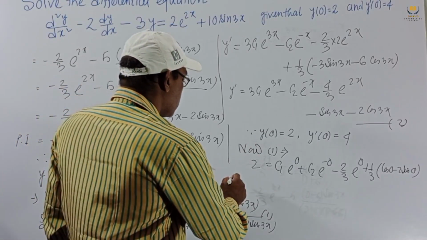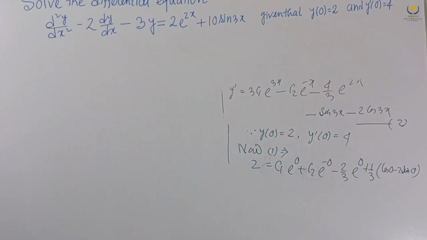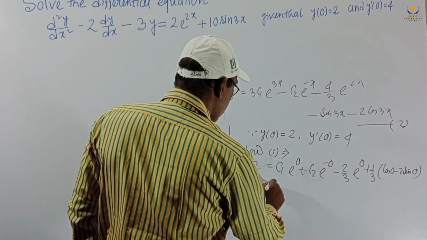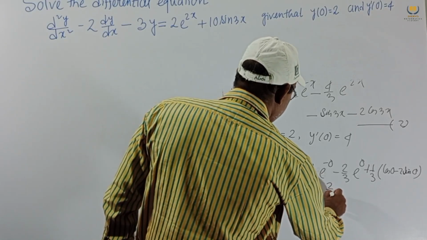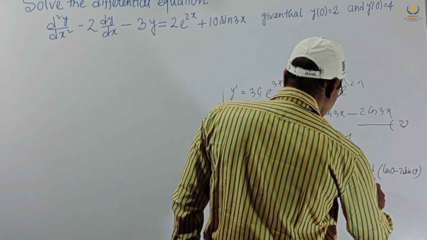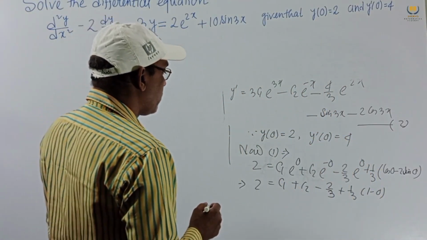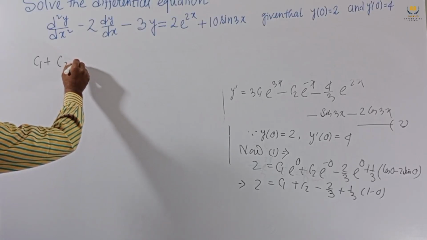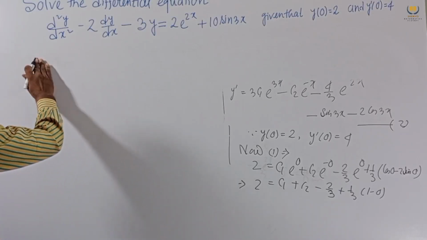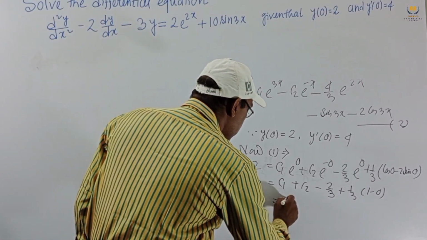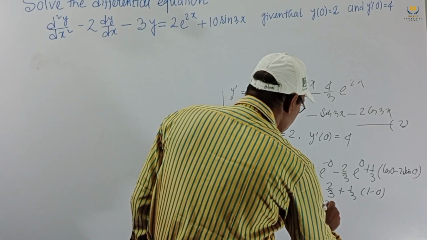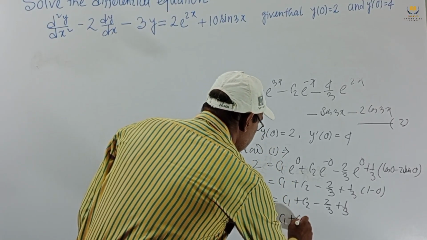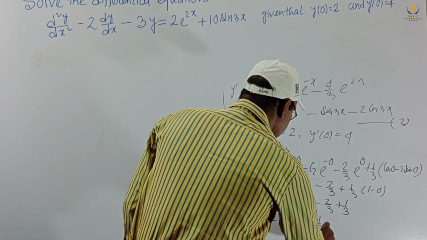So we get 2 equal to c1 plus c2 minus 2/3 plus 1/3, that is c1 plus c2 minus 1/3.